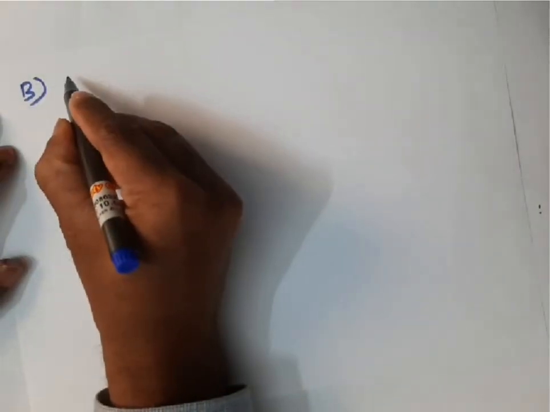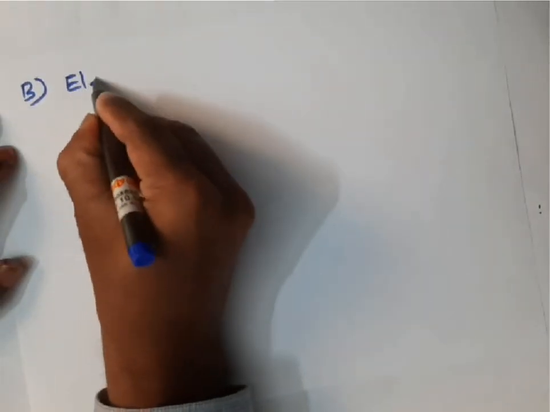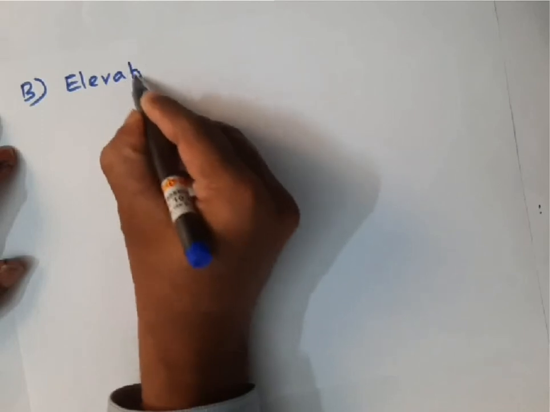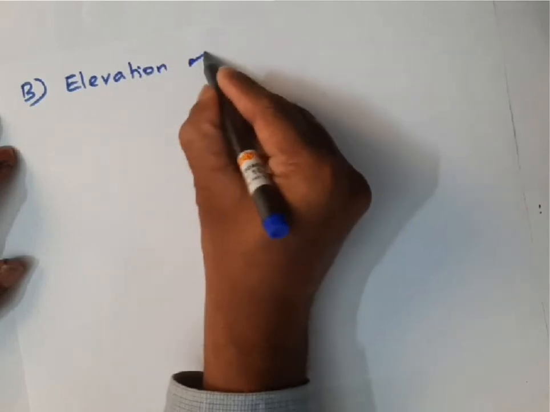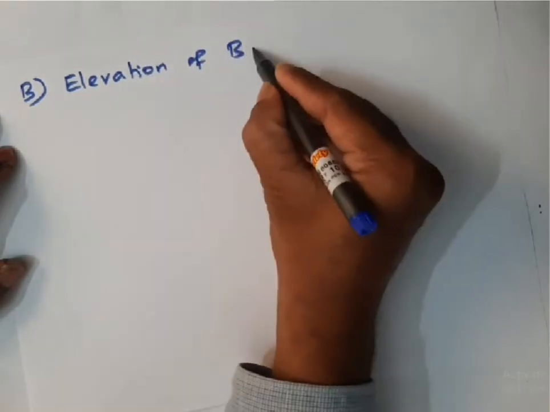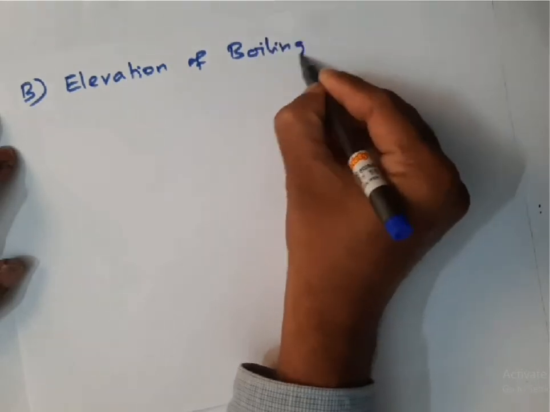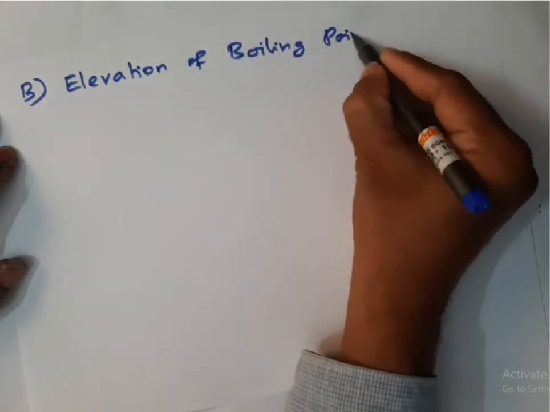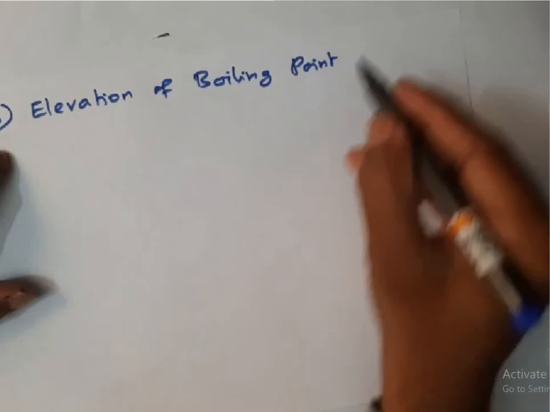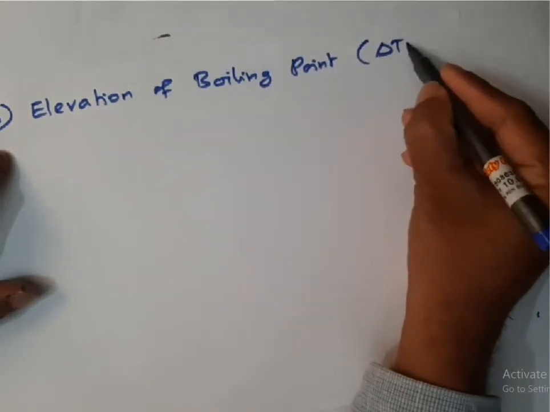The next property is elevation of boiling point. Take down. Second colligative property is elevation of boiling point, which is usually represented by the symbol delta TB.